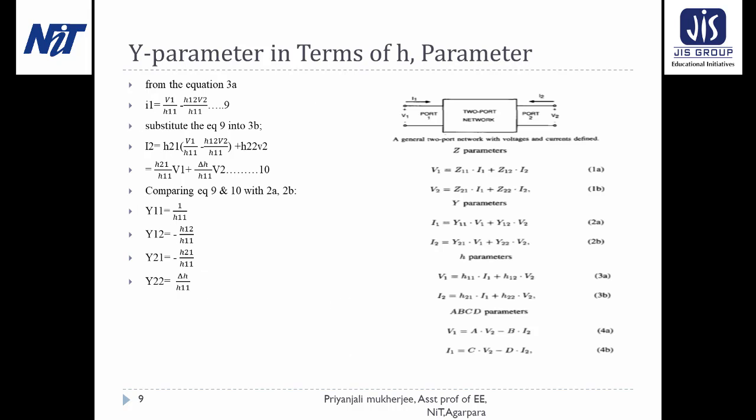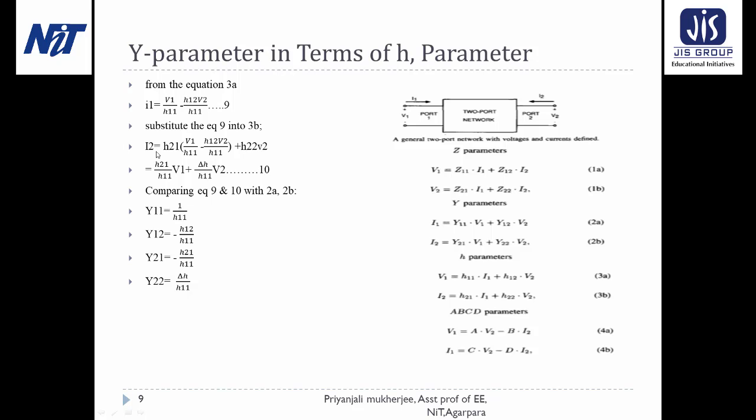Next, let's check how we can express the Y parameter in terms of the hybrid parameter. The method is the same. Here we are considering the H parameter equations. From the equation V1 equal to H11 into I1 plus H12 into V2, we can write I1 equal to V1 by H11 minus H12 into V2 by H11, and we can substitute this value of I1 into the second equation.